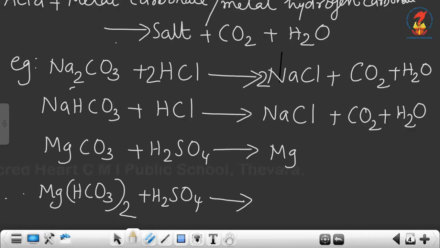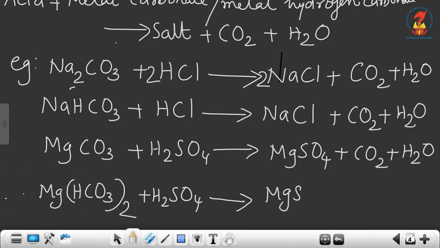You will get Mg, magnesium, as the metal. Since the acid is sulfuric acid, it will be a sulfate. Magnesium sulfate plus carbon dioxide plus water. Here the products are the same: MgSO4 plus CO2 plus H2O.